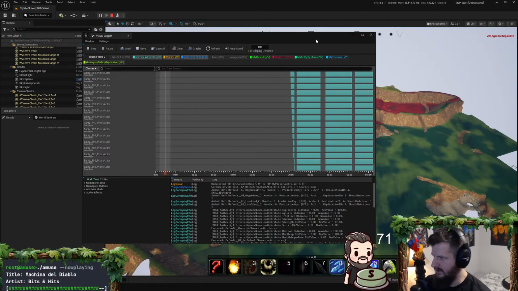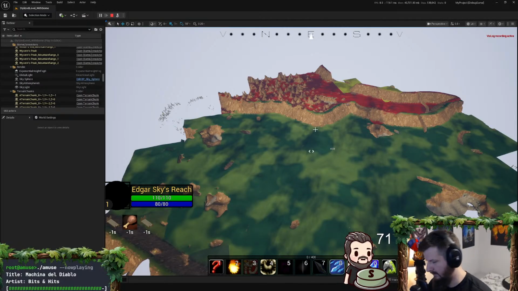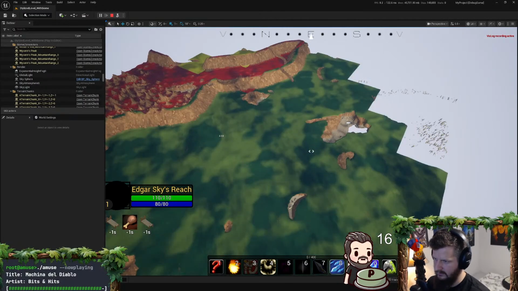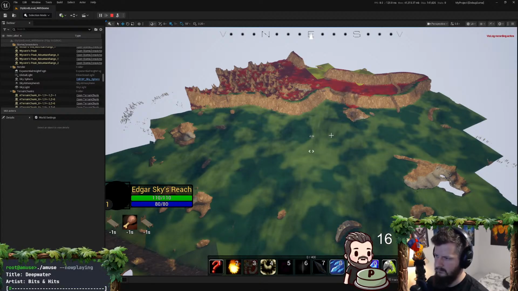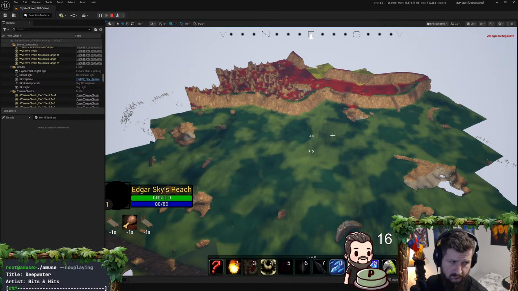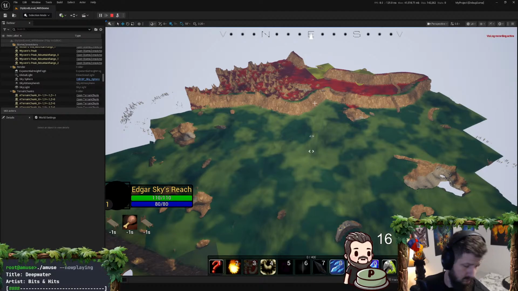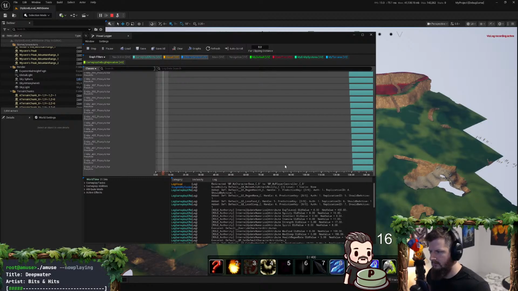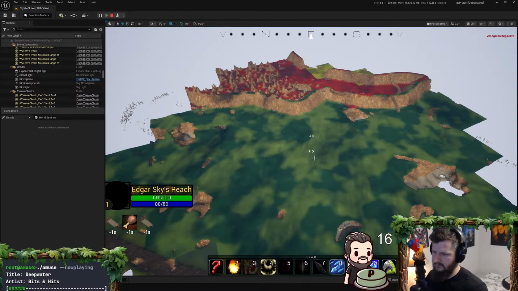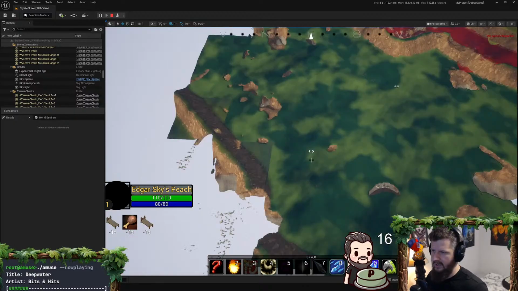Can we spawn some more entities, please? We're kind of stuck, I think. Let me look at the nav mesh here. Nav mesh is still going. Okay, we're up to 410 now. God, we're running at like 8 FPS at the moment.